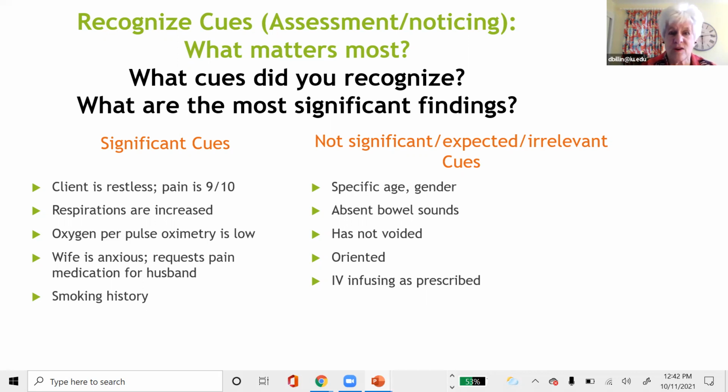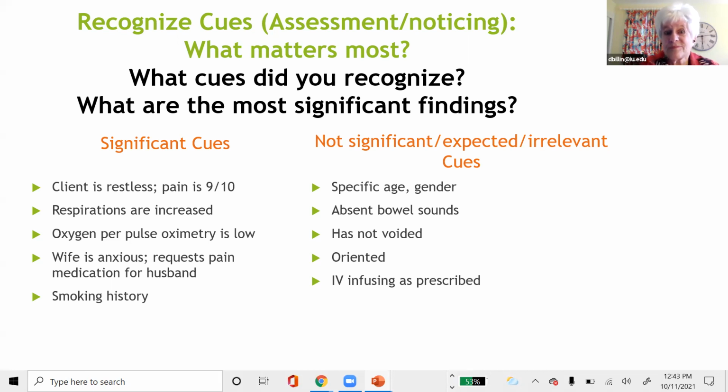When we're trying to figure out what's most significant, working through something like this with a student, you can first say we're in a teaching and learning mode here. We're just trying to figure out the best clinical judgments to make for this patient. So you can say, it's true that he doesn't have bowel sounds, and that's helpful information, but is it going to be significant?